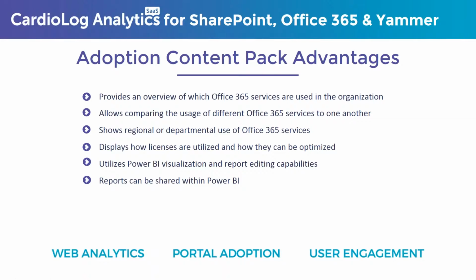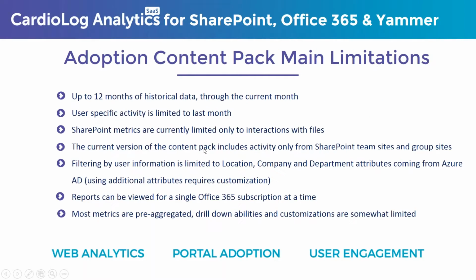We can also break down data by regions or departments to see the usage of different Office 365 services. The content pack also displays how licenses are utilized and how they can be further optimized. It utilizes Power BI visualizations and report editing capabilities, and also now reports can be shared within Power BI.